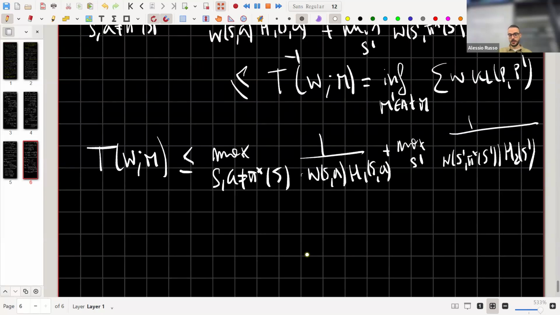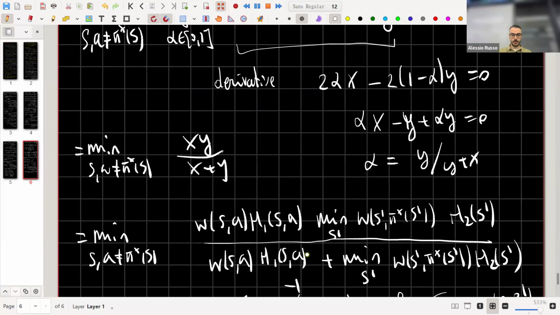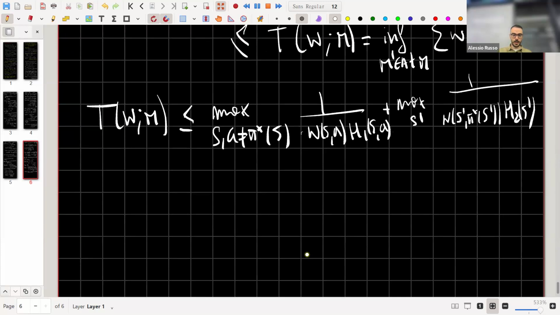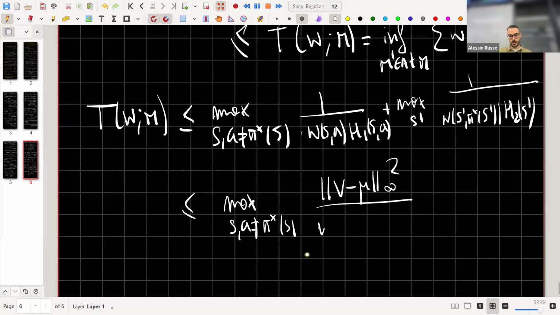So the H factors were proportional to the gaps. They were like gap squared divided by this difference of the value with the constant. So we can see that the gaps appear at the denominator. So we get like the difference of the value squared divided by W_sa, delta_sa squared.